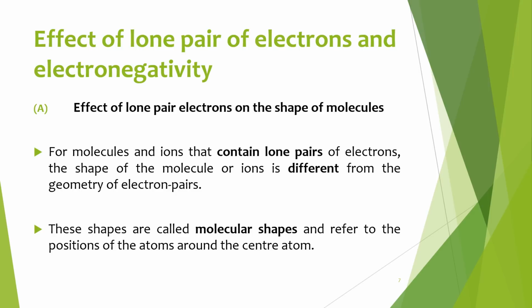What are the effects of lone pair electrons on the shape of molecules? For molecules and ions that contain lone pairs of electrons, the shape of the molecule or ion is different from the geometry of electron pairs. These shapes are called molecular shapes and refer to the position of the atoms around the center atom.